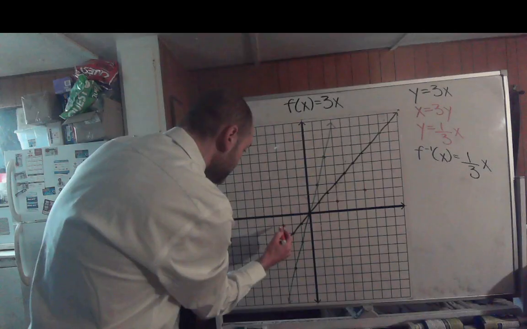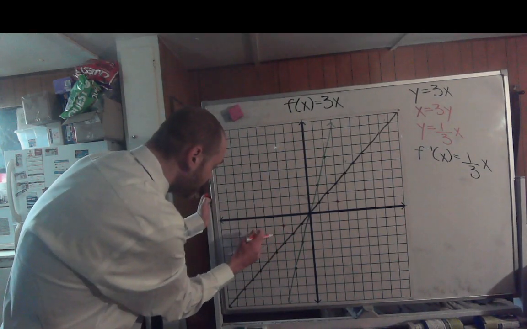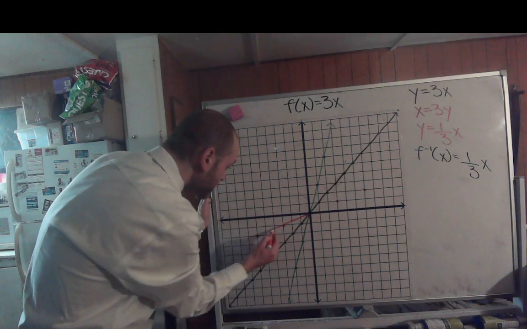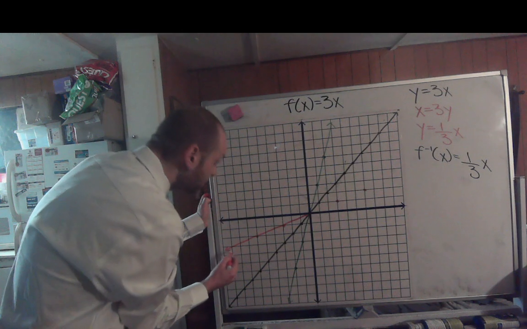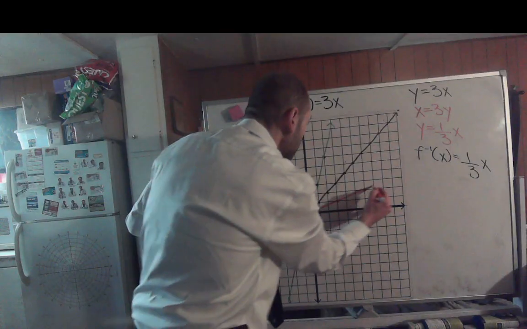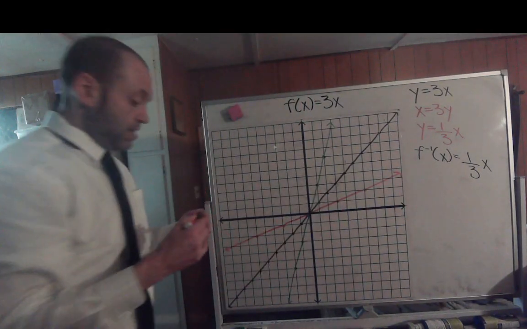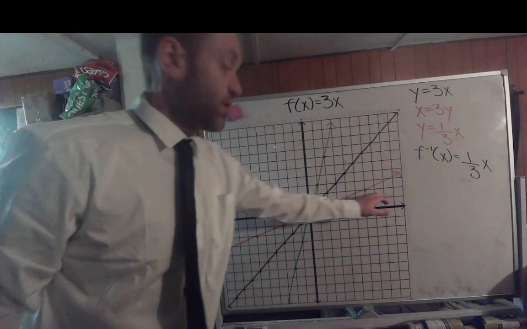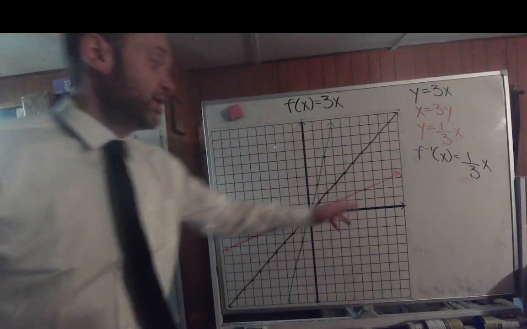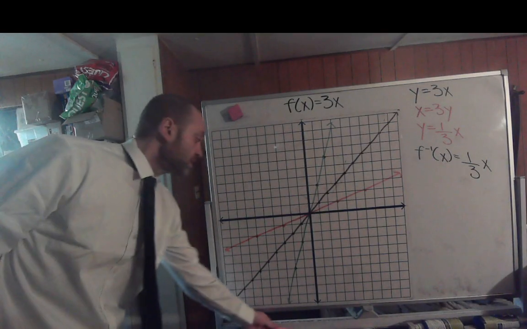When x is -6, I get a y value of -2. So now I have my f inverse of x graphed in orange, and again you can see that symmetry in the line y equals x.